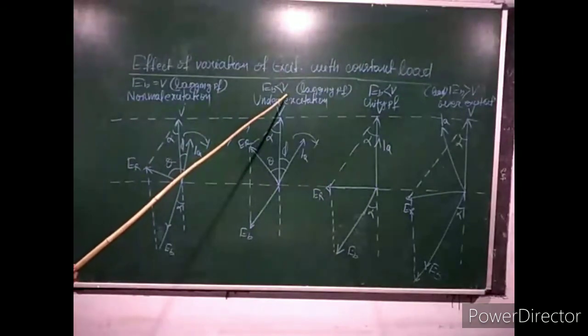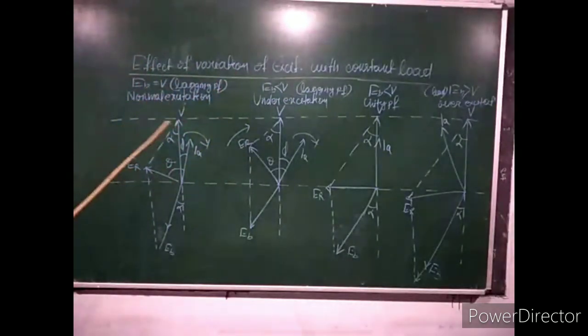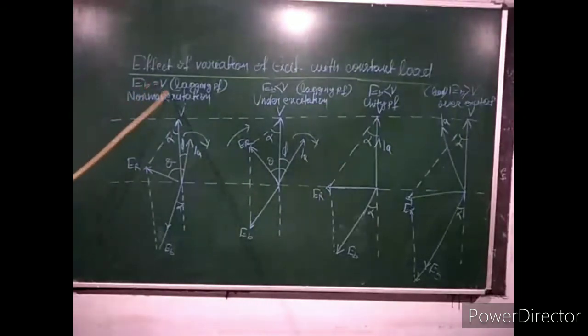Then come to the normal excitation. The motor is said to be normally excited if EB equals V. Already I have explained it. Now I will explain the effect of increasing excitation.